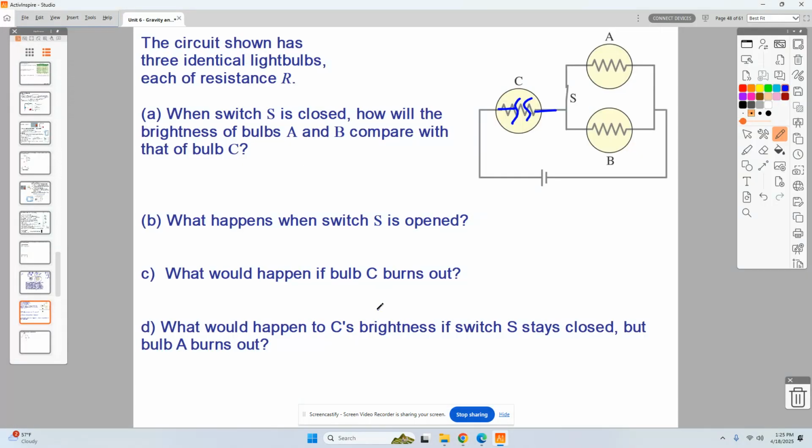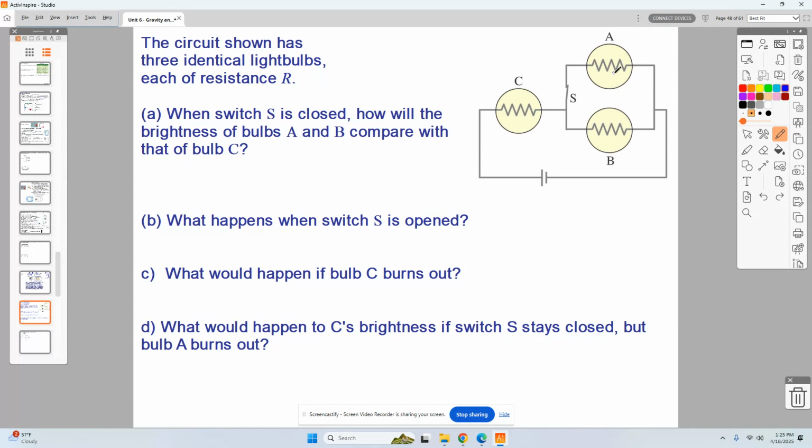All right, one last question. What would happen to C's brightness if switch S stays closed but bulb A burns out? What would happen to C's brightness? It would decrease a little bit because the A is making the resistance.